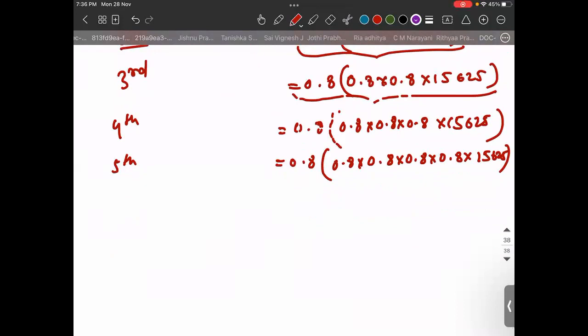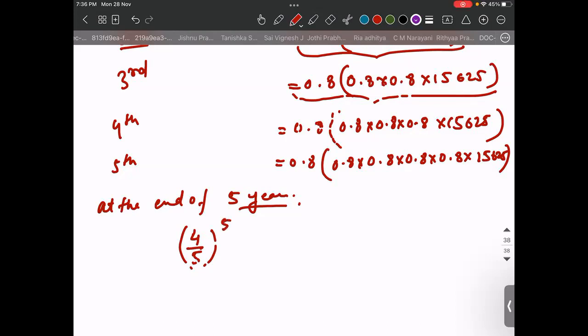Find out. So that means at the end of 5 years, the value will be 4 by 5 to the power of what? 1, 2, 3, 4, 5.